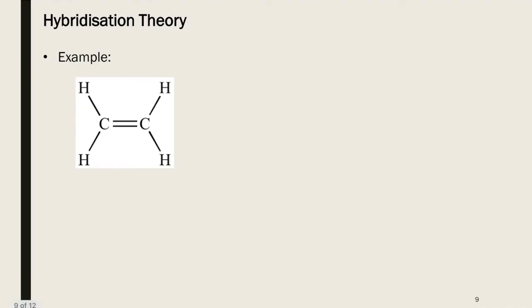Next, for example, we have C2H4. So as we can see, there are 2 carbon atoms at the terminal. So kita kasih label satu sebagai Ca dan satu sebagai Cb. So bila kita tengok di sana ada double bond kan, so maksudnya satu akan jadi sigma bond, satu akan jadi pi bond. So at Ca, the number of sigma bonds is equal to 3 and the number of lone pairs is equal to 0.